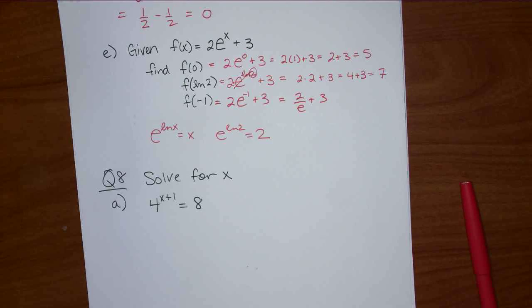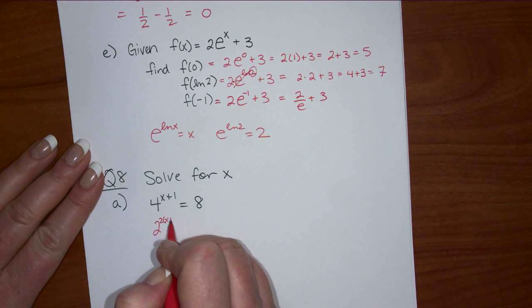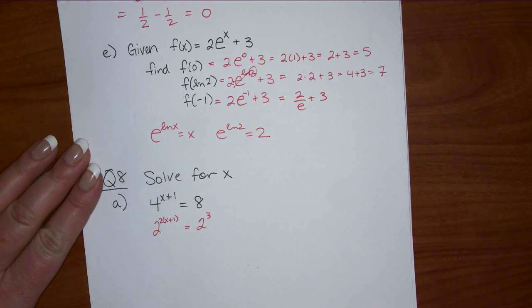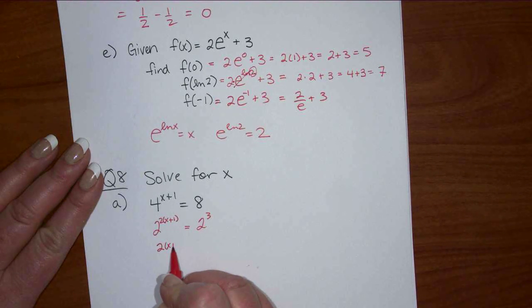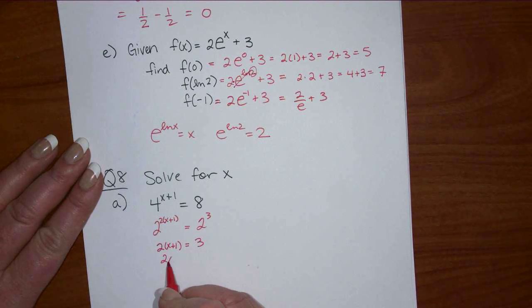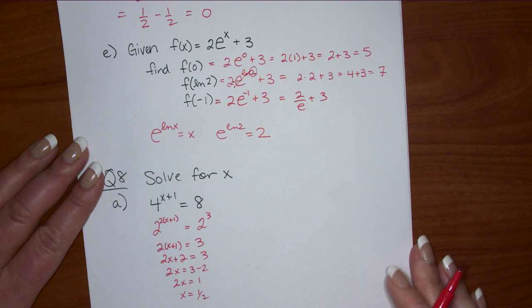So 4 can be written as 2 squared, and there's an x plus 1 there, and 8 can be written as 2 cubed. Right, so now the bases match, so we can say 2 times x plus 1, the exponent, is equal to 3. That would be it.